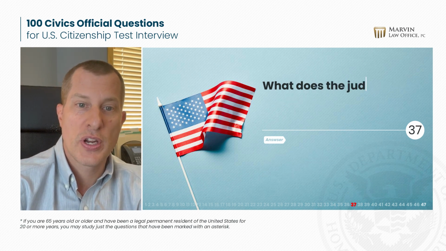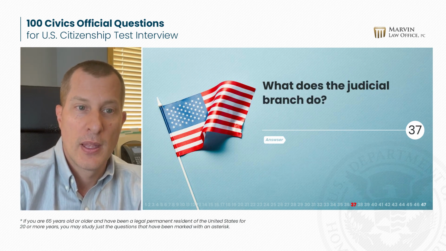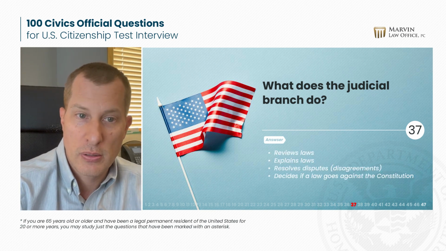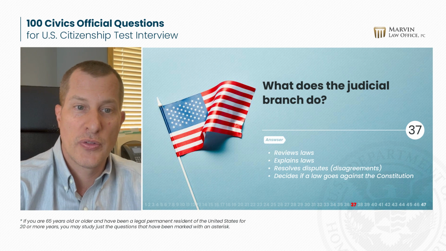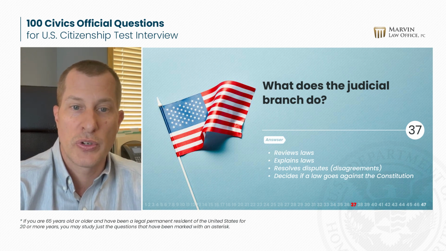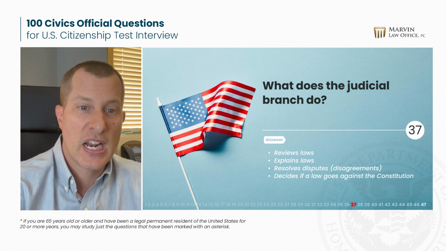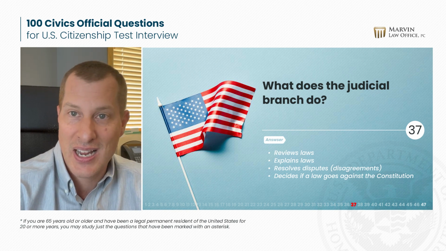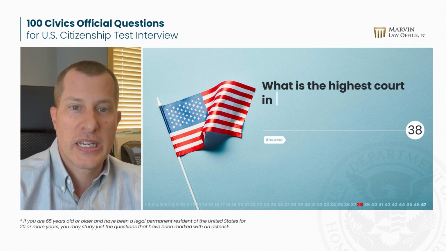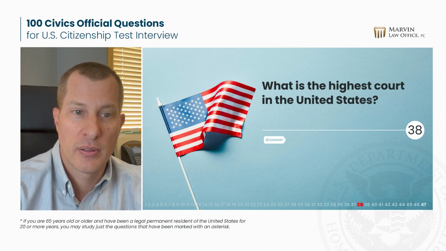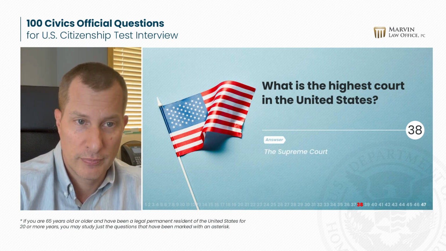What does the judicial branch do? They review the laws, they explain the laws, they resolve disputes or disagreements, they decide if a law goes against the Constitution. What is the highest court in the United States? The Supreme Court.